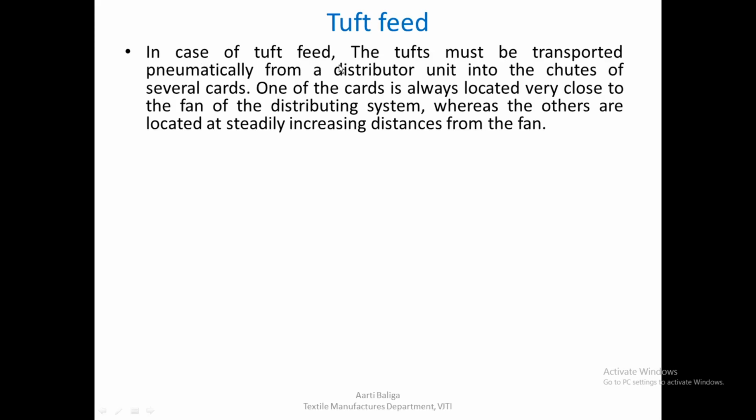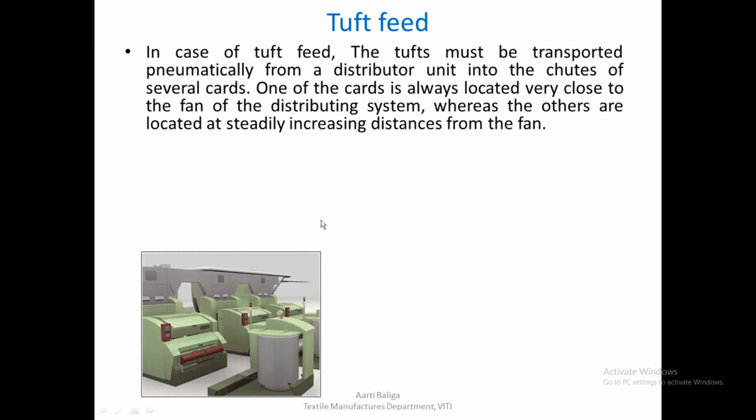In case of tuft feed, the tufts must be transported pneumatically from a distributor unit into the chutes of several cards. One of the cards is always located very close to the fan of the distributing system, whereas the others are located at steadily increasing distances from the fan. One can see a distribution chute coming from the blow room.